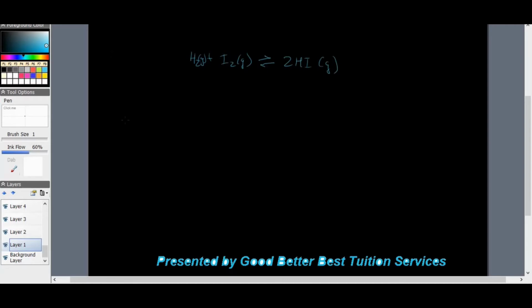When I construct what is known as a RICE table, I have my reaction already there. Then I put my R for ratio, I for initial, change, and then equilibrium. I'm going to construct the RICE table.